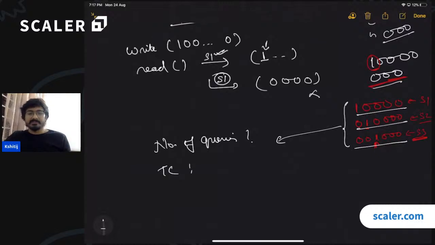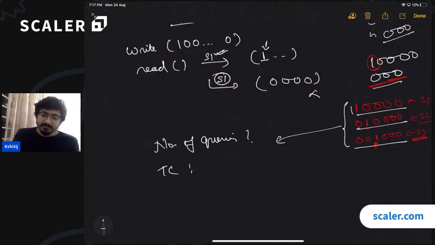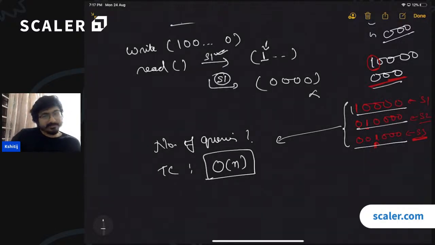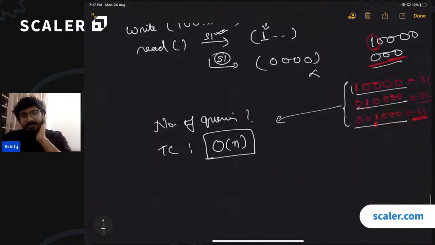For every slave server, I'm trying a different string, which means that for every slave server, I will have to do a query. So I will be doing exactly n queries. So time complexity becomes order n. Okay, correct. N is the number of slaves. Correct. Now, can we optimize this?